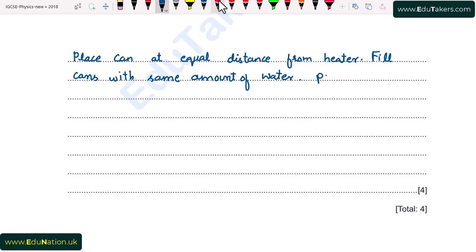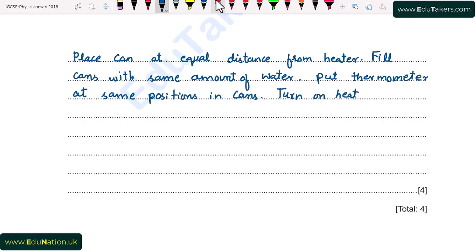Put thermometers at same positions in cans that are filled with water. Turn on heater for some time.